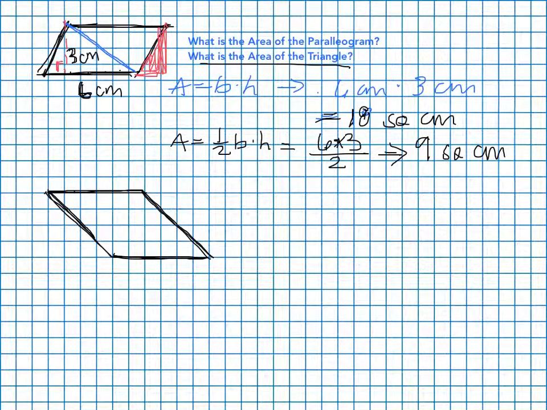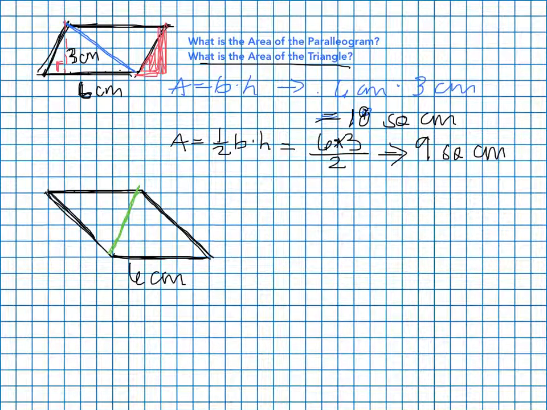Then I'm going to draw a green diagonal, which is going to make 2 triangles. Now, I have this could be my base or this could be my base. Just because this lines up with our measurements, I'm going to make this my base. So this is 1, 2, 3, 4, 5, 6, so this is 6 centimeters.